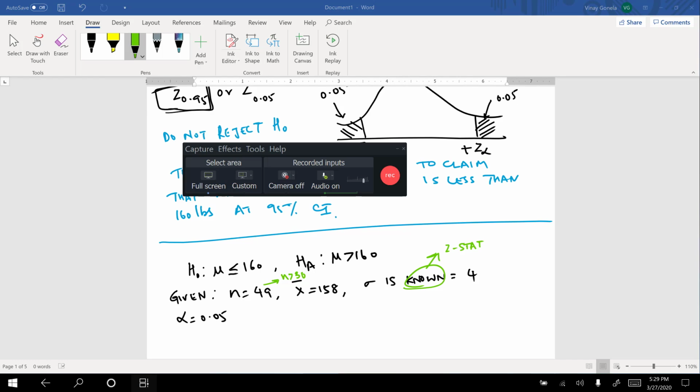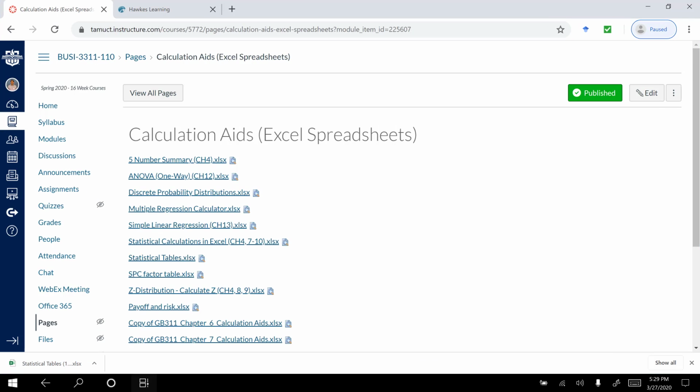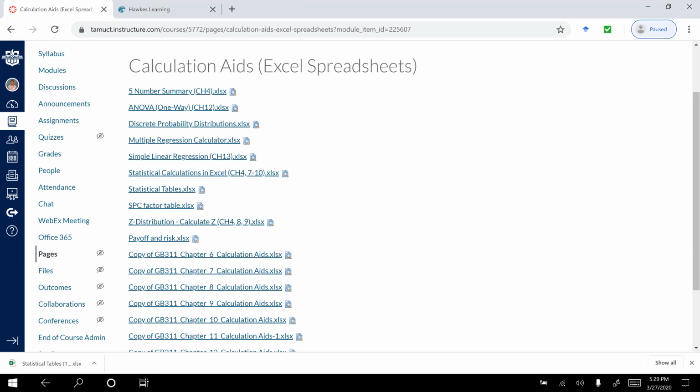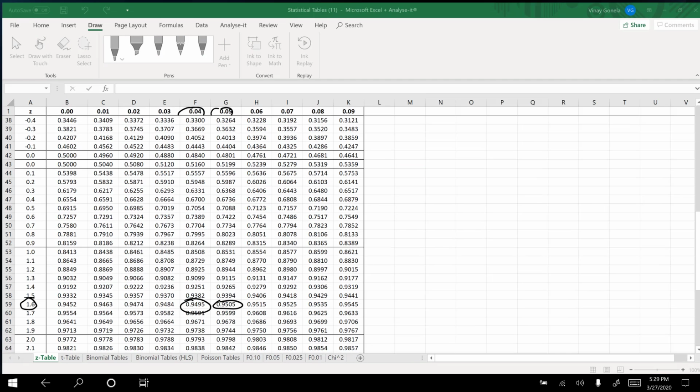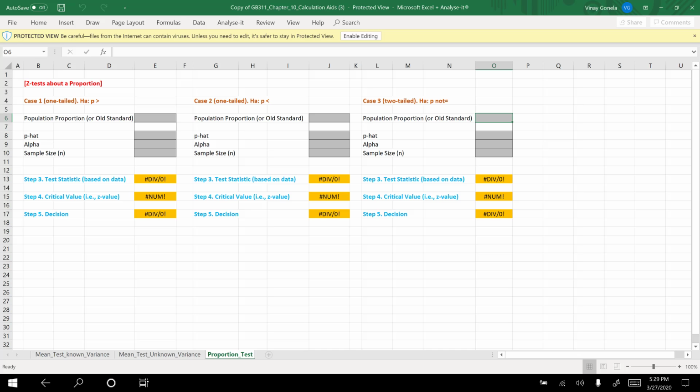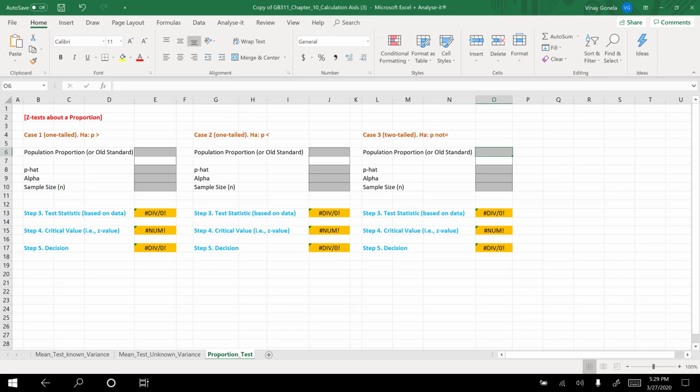So I will go and download our calculation aid of chapter 10. Which sheet to use?